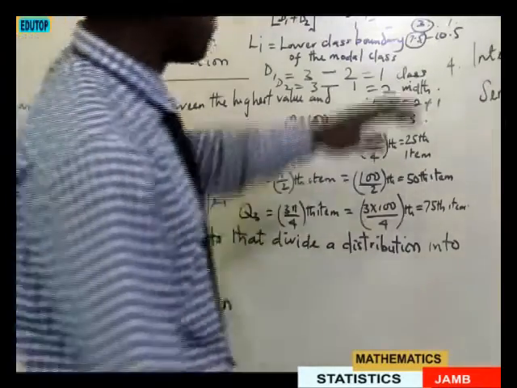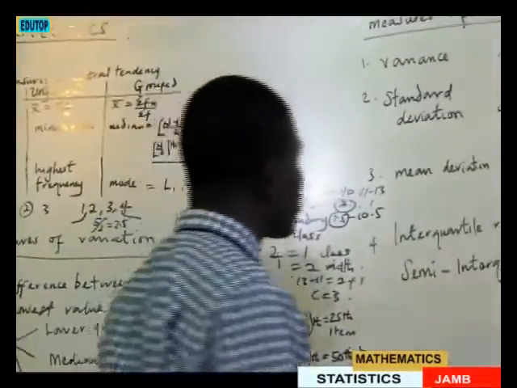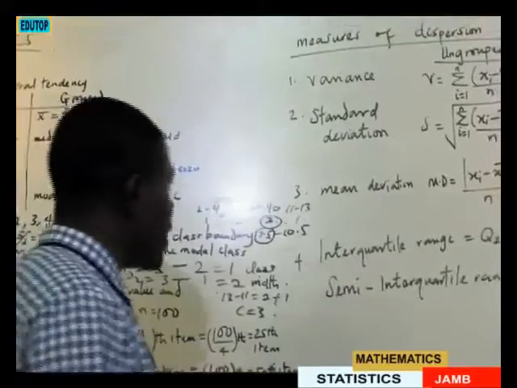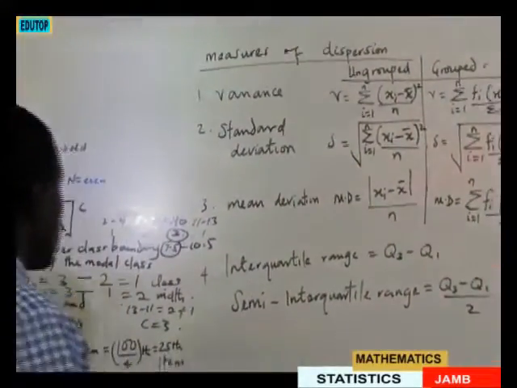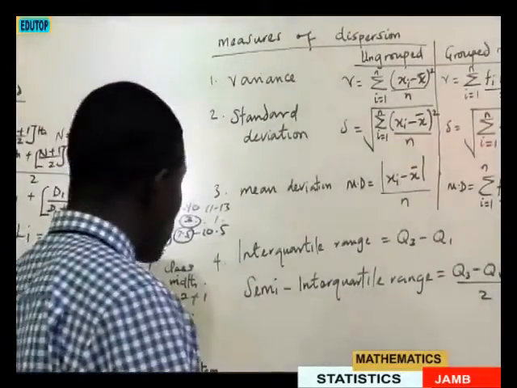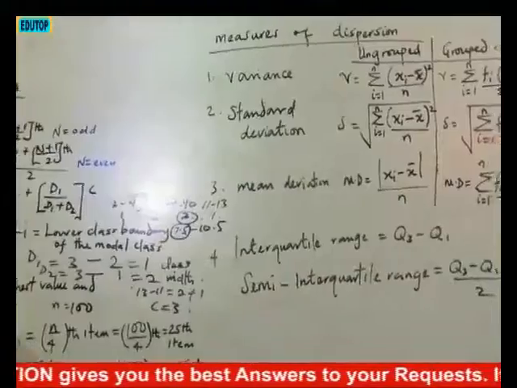And lastly, let's talk about measures of dispersion. If you are talking about measures of dispersion, we are going to be talking about variance, standard deviation, mean deviation, interquartile range, and semi-interquartile range.